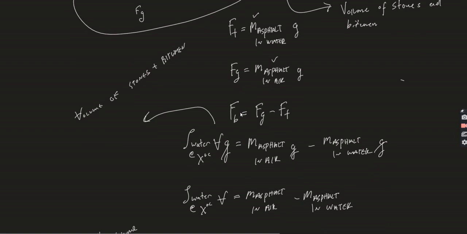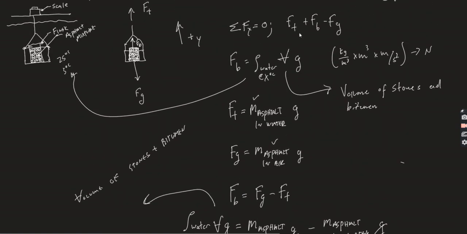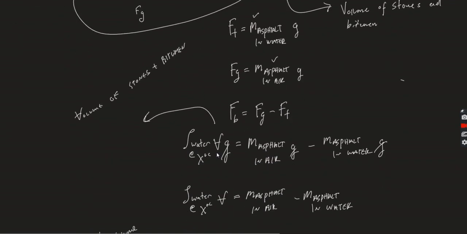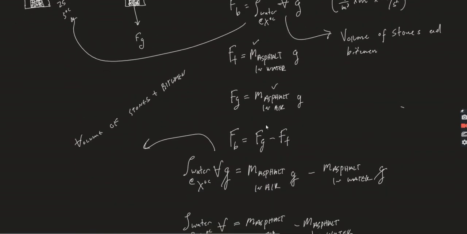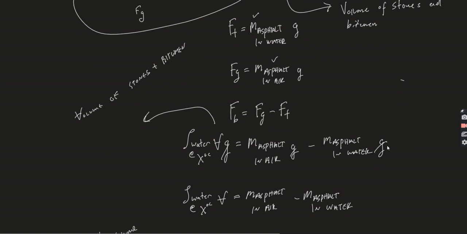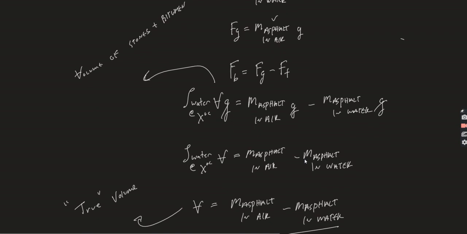So then if we solve for the buoyant force by adding over gravity and subtracting over the tension and plugging in our values, you can factor out gravity on this side and cancel it out.